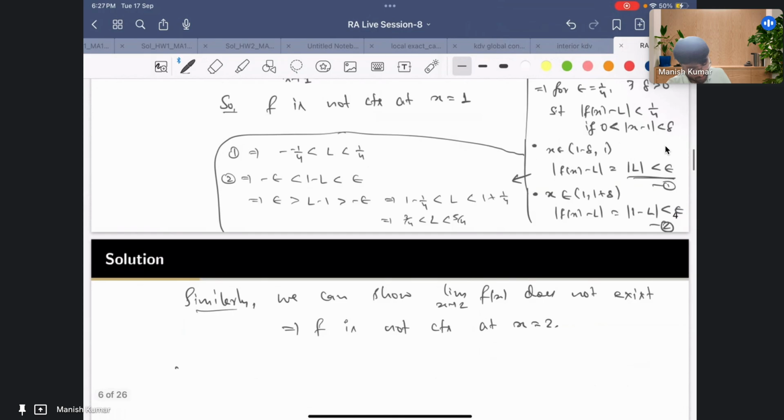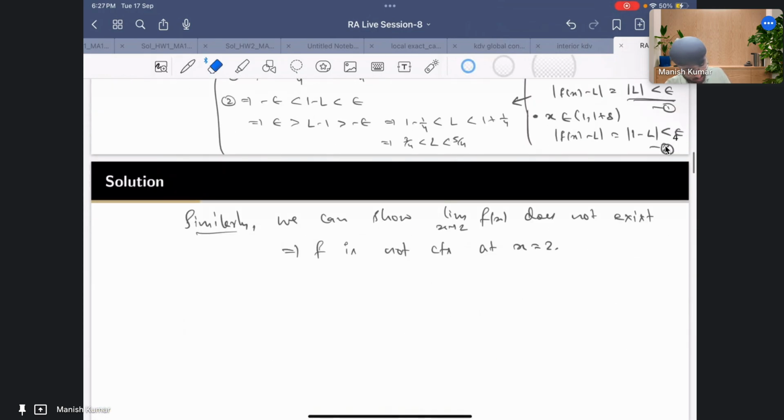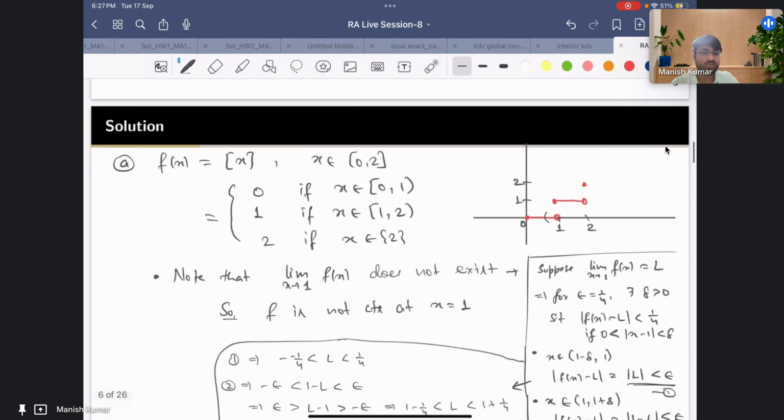But if you choose any point, so this was one point, this is the second. Now suppose c belongs to the real numbers minus 1 comma 2. So you remove these 2 points, then my claim is that f is continuous at c. And you can clearly see, because my function is constant over there.